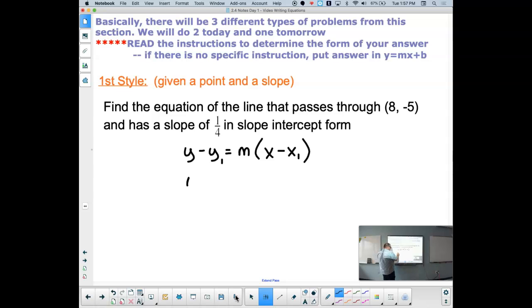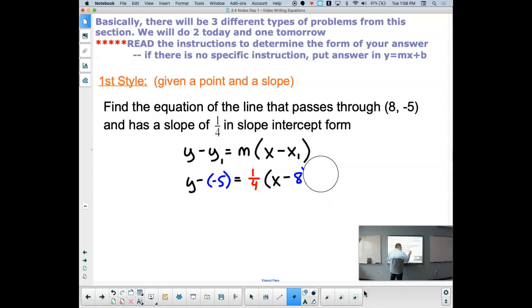In that, we have y minus -5, and that's going to equal our slope, 1/4, times x minus 8.